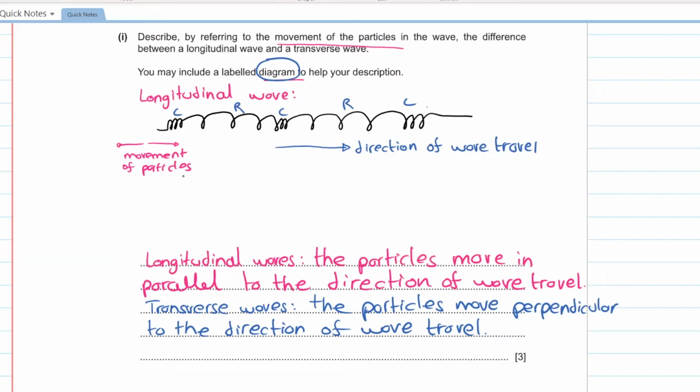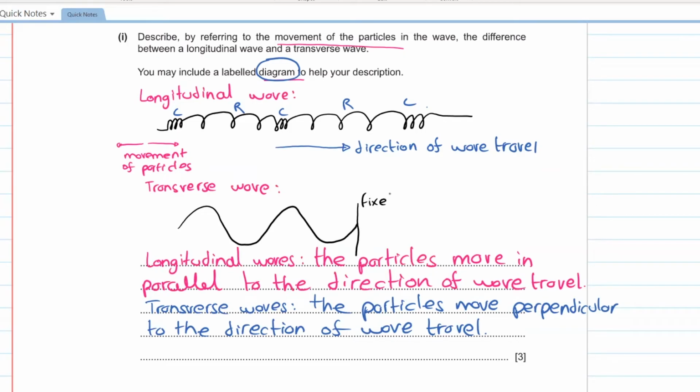Okay. Let's move on to a transverse wave. In transverse wave, you can draw somewhat like this.